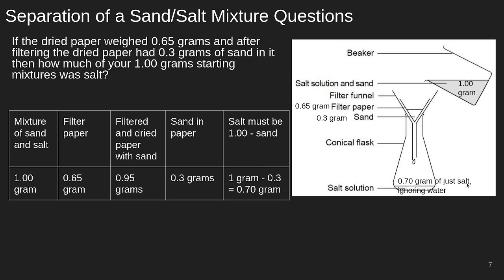And that's kind of important. Might have had a student being like, wait a minute, this doesn't make sense because we added like 10 grams of water or something like that, or 100 grams of water. Well, we're just talking about the salt. Imagine if we did evaporate off that water, we'd have 0.7 grams of just salt.